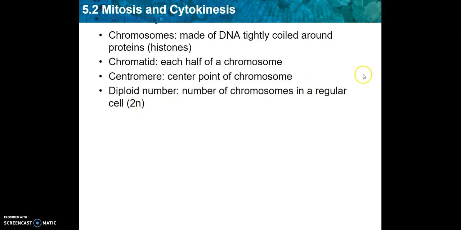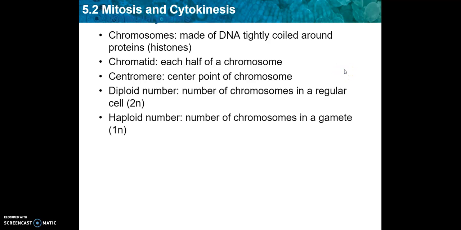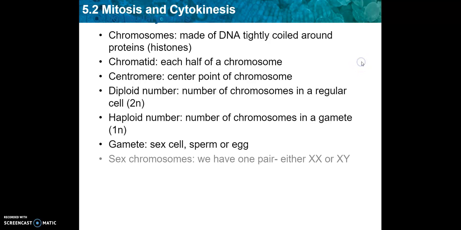So for example, human beings have 23 pairs of chromosomes, so our diploid number is 46. Our haploid number, which is the number of chromosomes in a gamete, or a sex cell, a sperm or an egg, is 1n. So our haploid number is 23. Like we said, a gamete is just a sex cell. It's either a sperm or an egg.